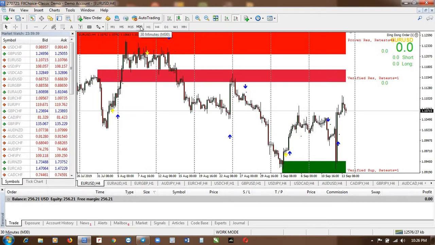But for those of you that love scalping very well, you can use it from 15 minutes to daily chart. You can use it from 15 minutes, 30 minutes, 1 hour, 4 hour, daily chart. Are you getting me? But there are some confirmations that you will need to see.